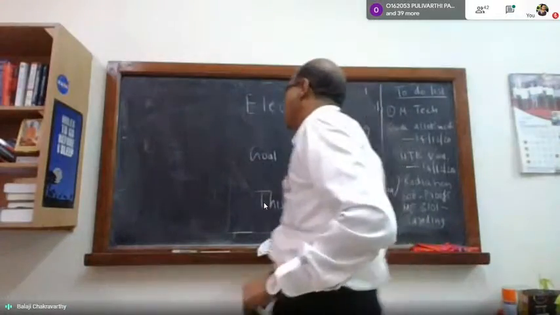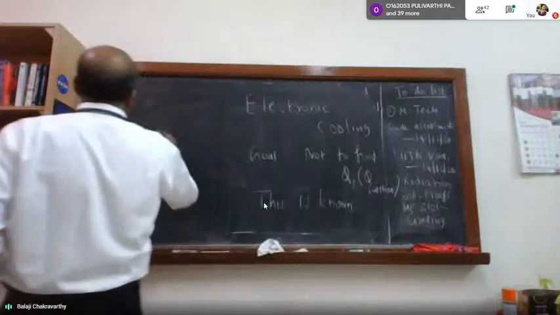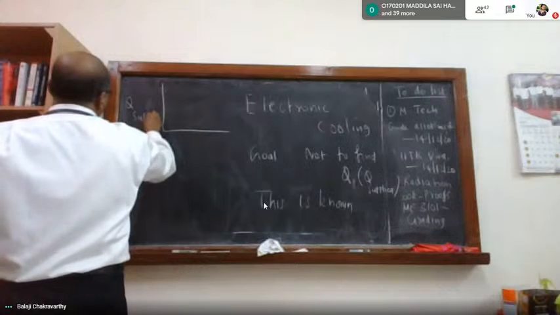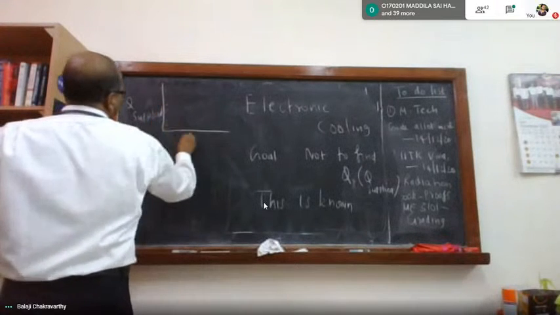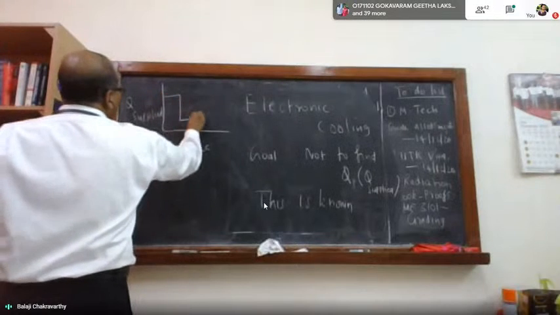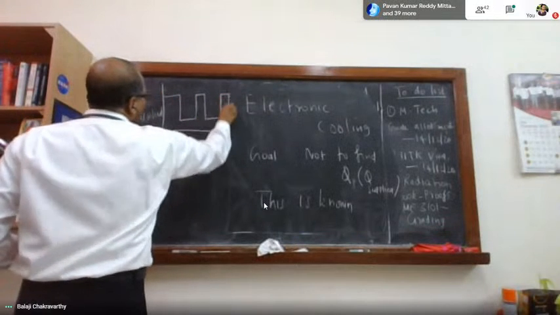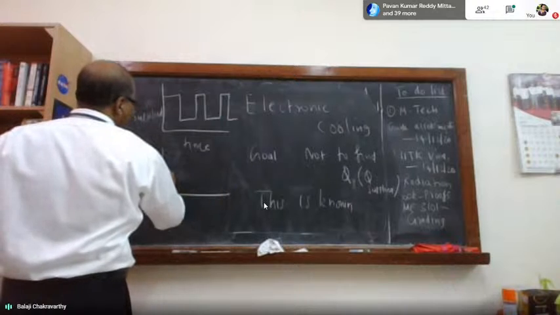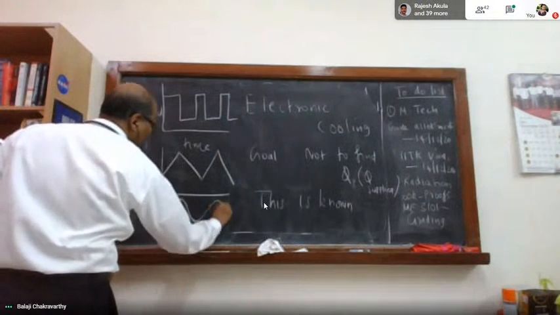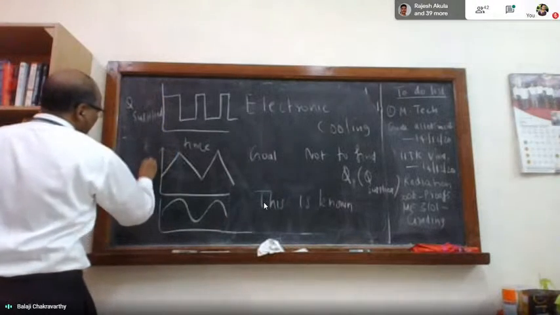But now the basic problem in this device is, suppose the Q supply versus time. If it is like this, what will happen? Or if it is like this, what will happen? Q versus time.